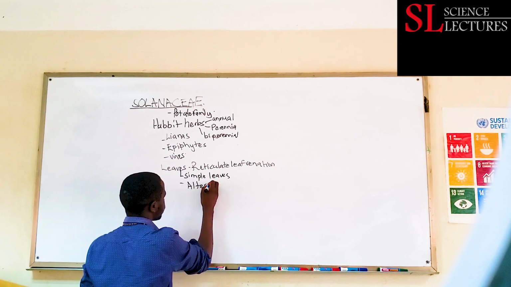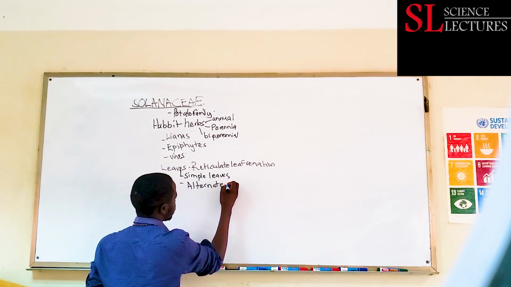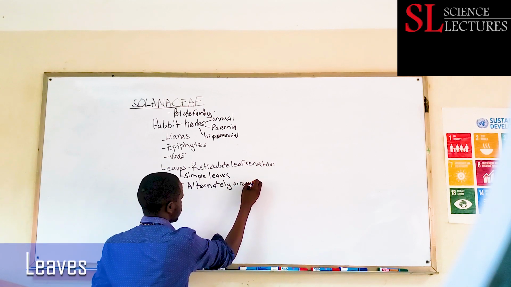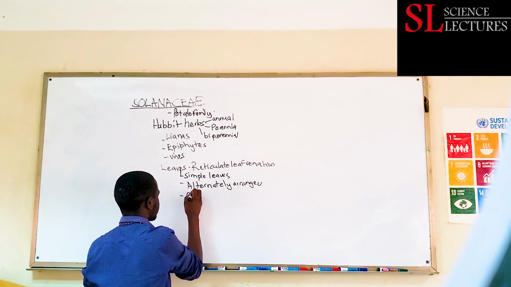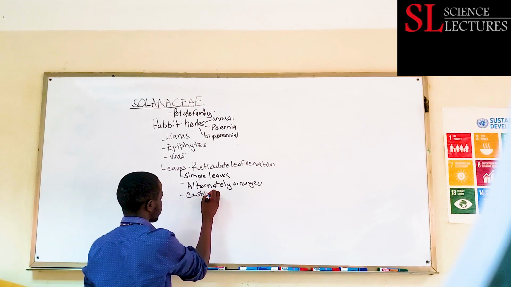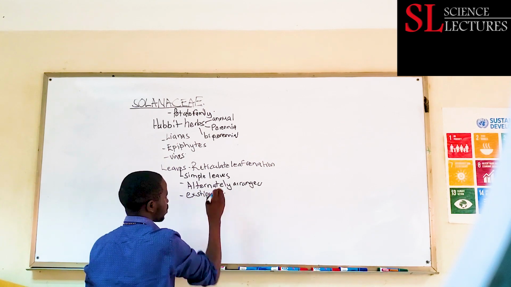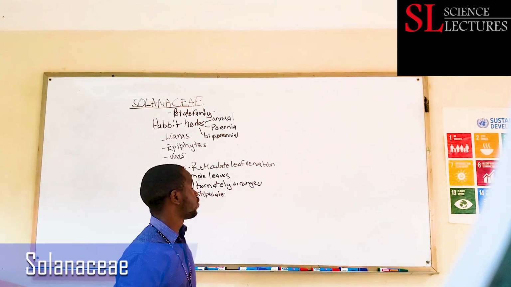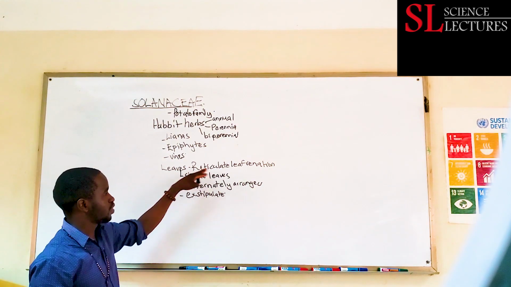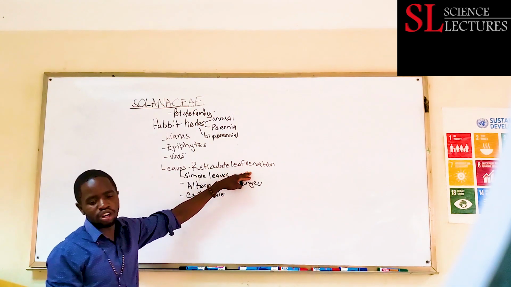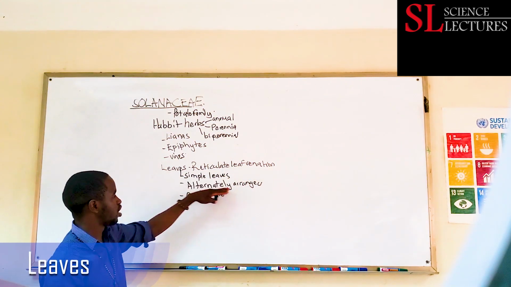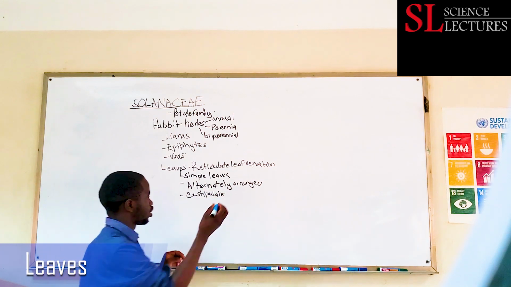They have alternate leaf arrangement. And their leaves are exstipulate. We say exstipulate leaves are those leaves that don't have stipules in the leaf axils. So their leaves have reticulate leaf venation, which is a typical characteristic of all dicots. They have simple leaves, alternately arranged, and they are exstipulate.